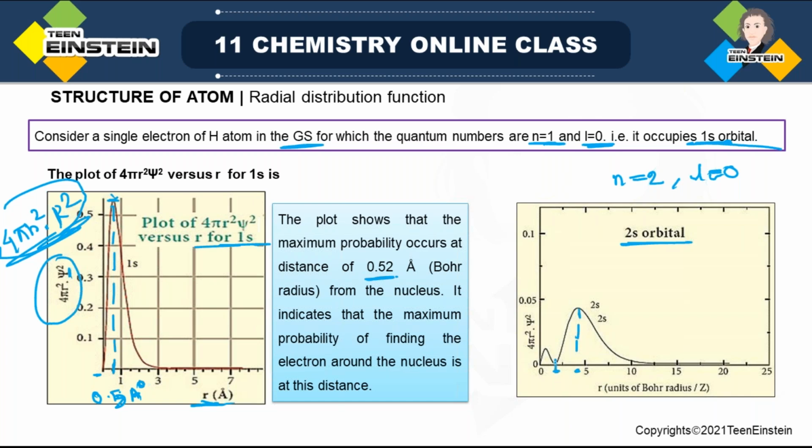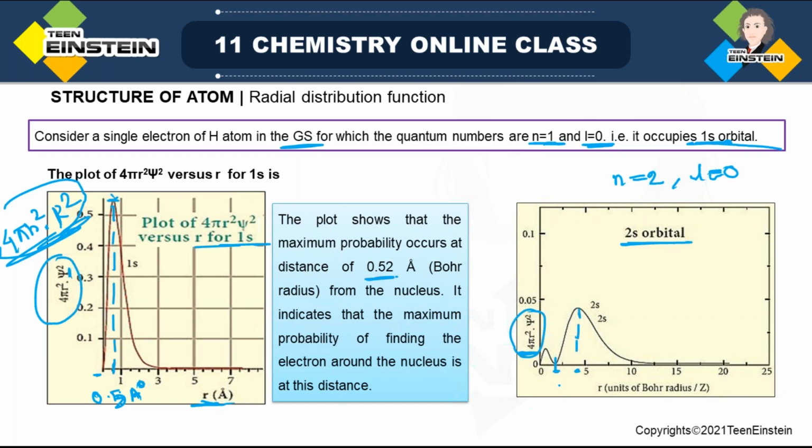Basically, the points where it is touching 0 value of this 4 pi r square psi square are known as nodes. You have seen that in 1s there are not two humps, only one hump is there, so no question of a node. But here you can see we are getting a node.